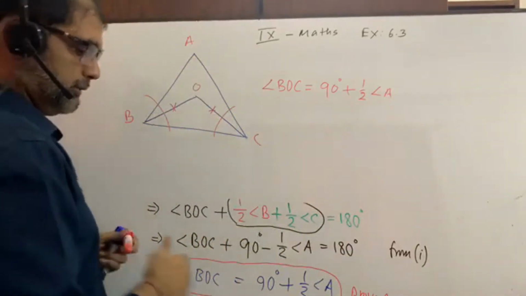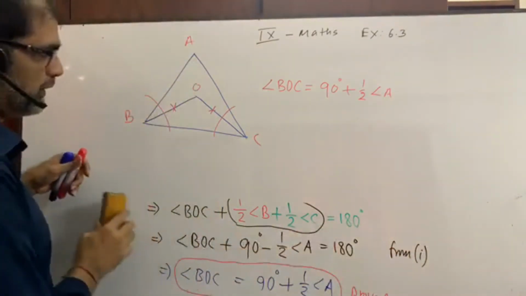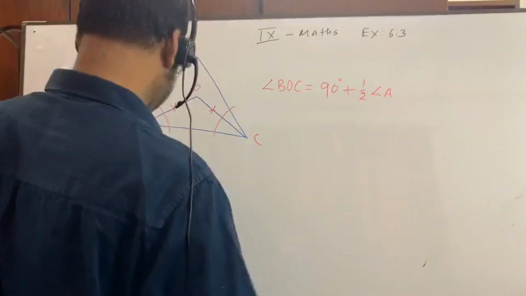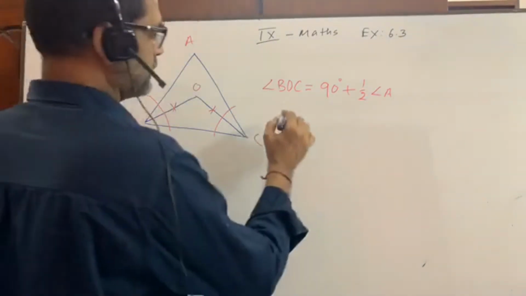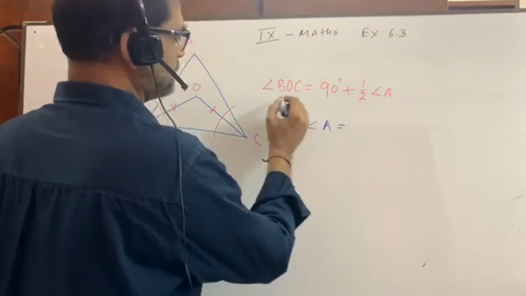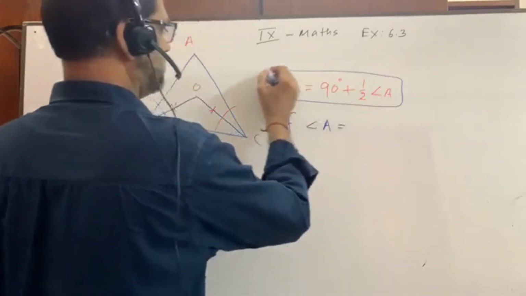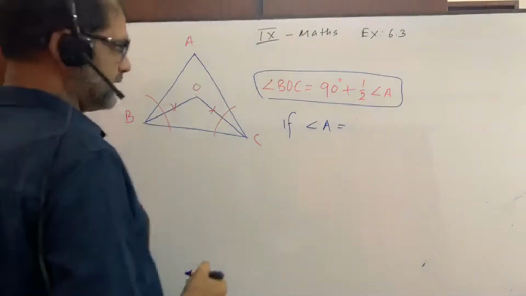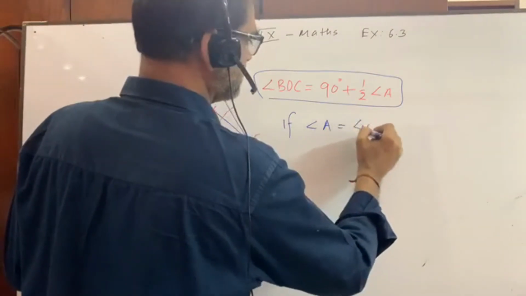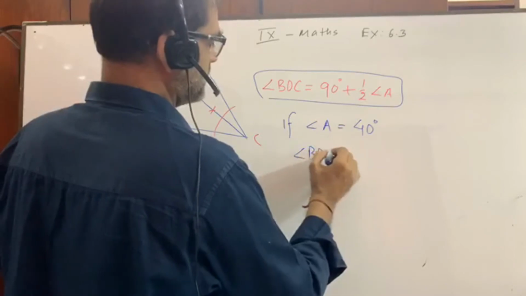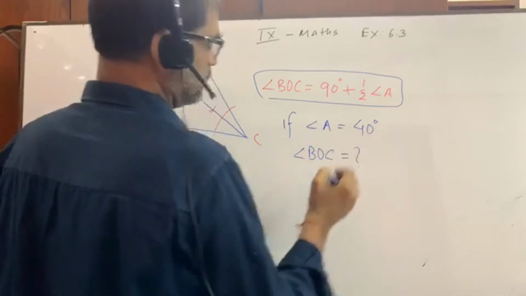Now my dear students, suppose you are given the value of angle A. This formula will not be given in the exam; you have to prove it. If angle A is given as 40 degrees, suppose, then the question is angle BOC equals what?